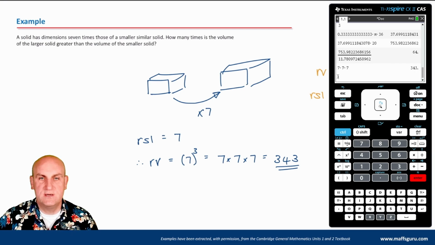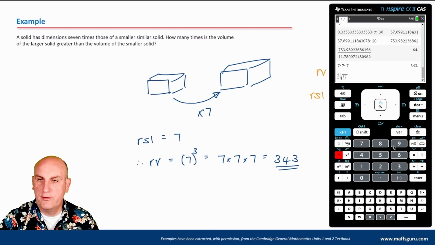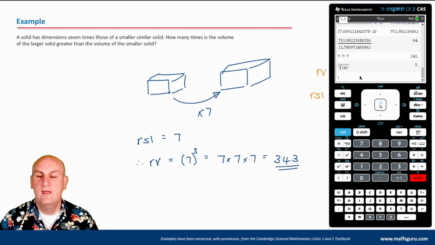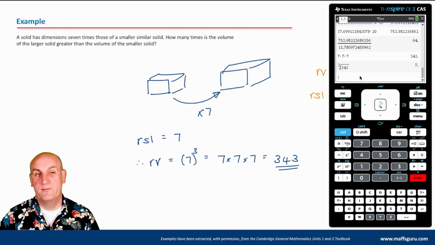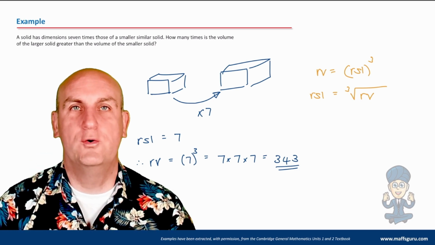Well, yes, in this situation, I'd hit Control and this up arrow button there, and you'll notice that I can now put 3 in there and whatever my ratio of volumes is. So again, if I put 343 in, I would get 7 out, which was my ratio of side lengths. So again, that's a little thing in there just in case they try and throw you a curveball.